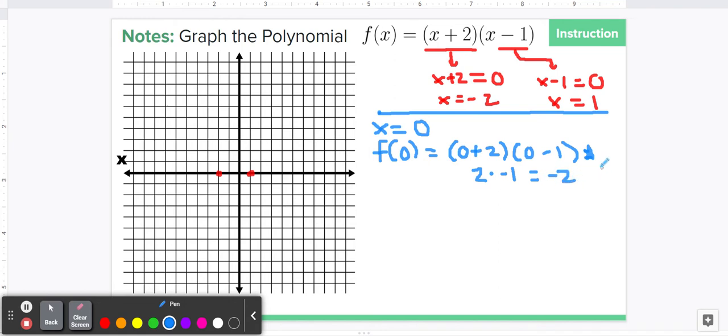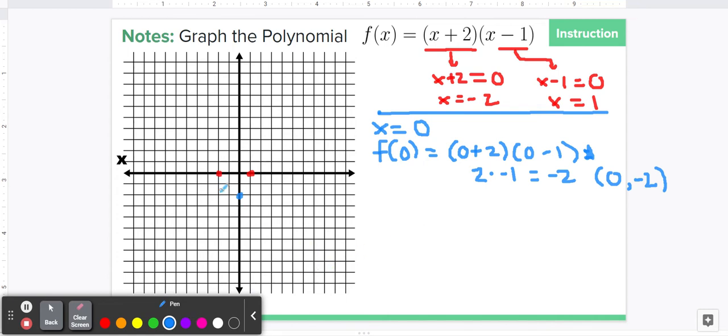So our point there that we're going to plot is 0, that's where our x was, comma, negative 2. So I go to my graph, I go to x equals 0, which is right on the vertical axis, and I go down 2 points, and we will have a point there in blue that represents that in-between point.